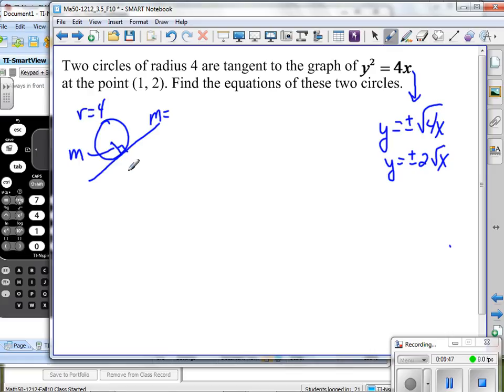Okay? You're trying to find the equation of a circle. What does the equation of a circle look like? X minus what? No. Not y.